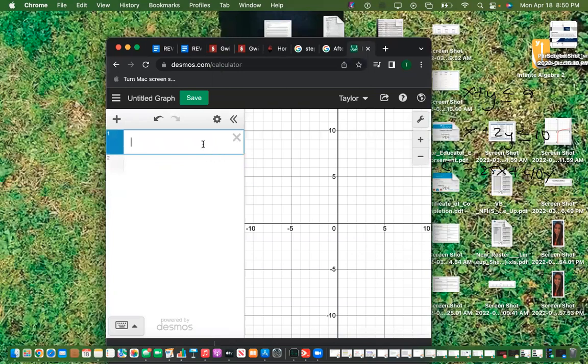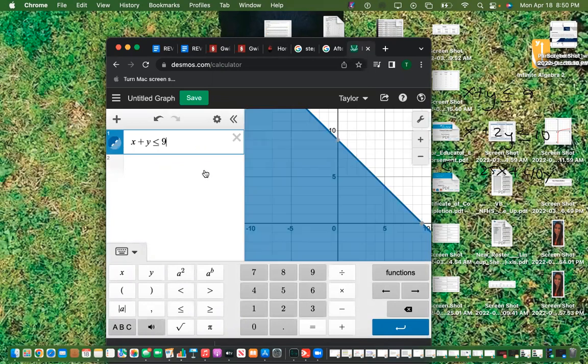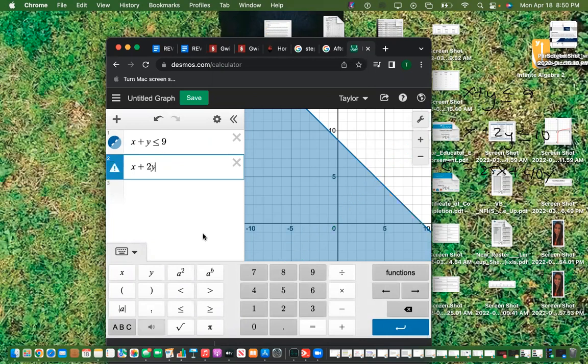So I've got X plus Y is less than or equal to 9. And then on this other one, we've got X plus 2Y is less than or equal to 10.